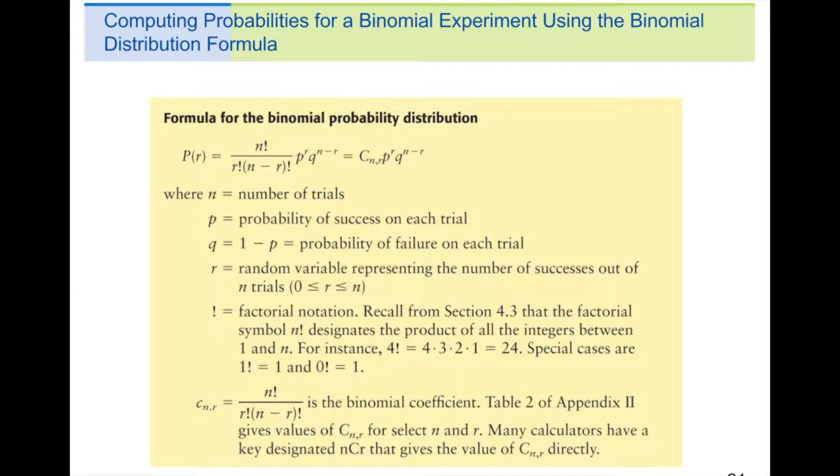The formula for binomial probability distribution is P of r equals n factorial over r factorial times n minus r factorial, times p to the r, q to the n minus r, or combinations of n and r, or n choose r, times p to the r times q to the n minus r.